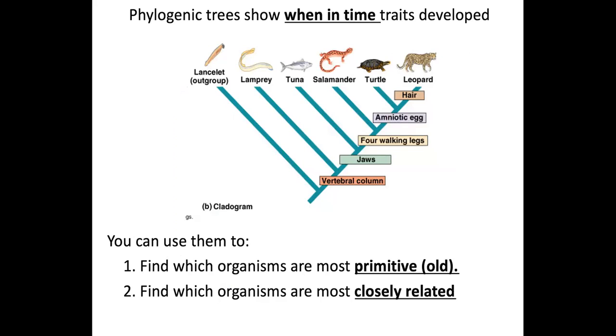You can find which organisms are most primitive. And when we talk primitive, we're talking about the oldest. And we can also use them to find which organisms are most closely related. Okay? So I'm going to go over how we use this to figure out who's more closely related and what characteristics these organisms have.